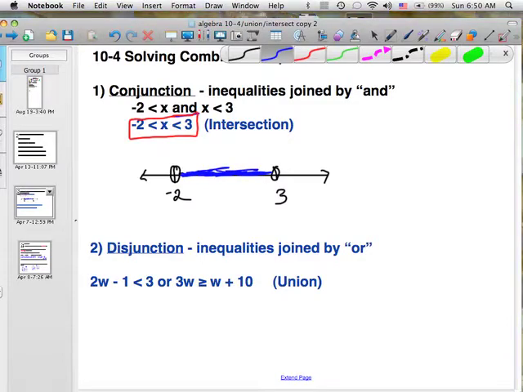And the other type of compound sentence is connected by or. Here's an example here. I would solve this just as I've always done, add 1 to both sides. So I get 2w is less than 4, divide by 2.